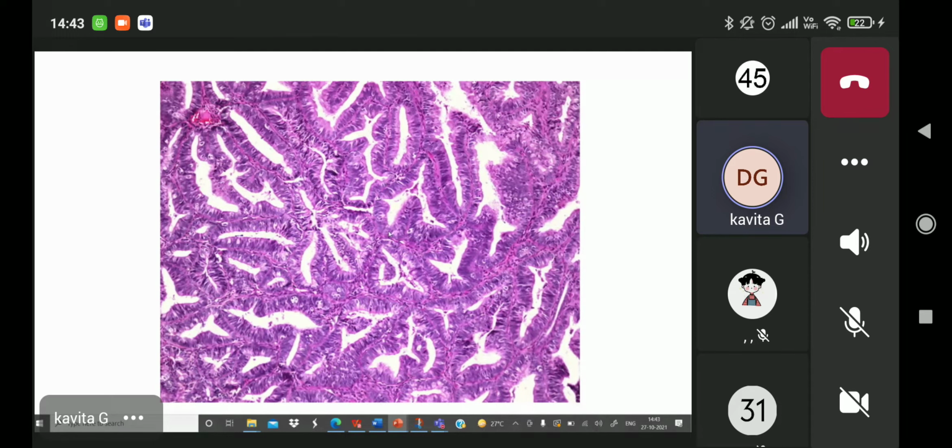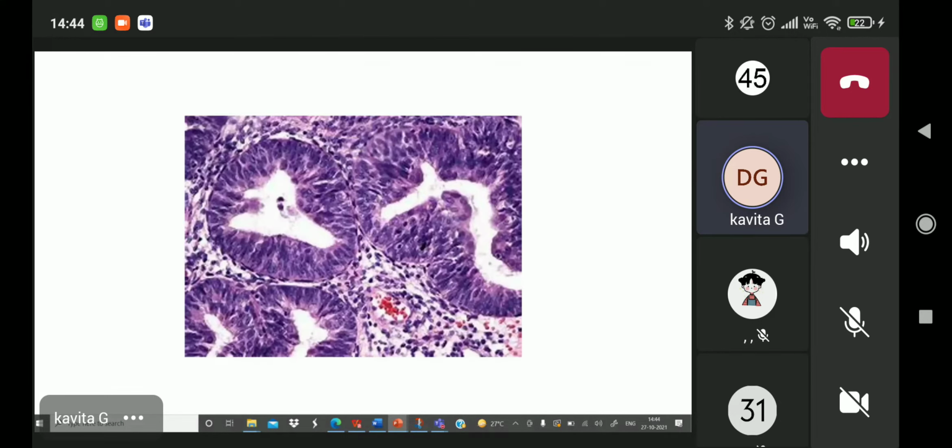And although in this case, by and large, the nuclear polarity is still maintained vertically at 90 degrees, there's a lot of hyperchromasia. There's crowding over here. And I'm sure if you look very carefully, there are some very black dots in between, which are representative of an increased mitotic index. So, by and large, this is what you call atypical hyperplasia.